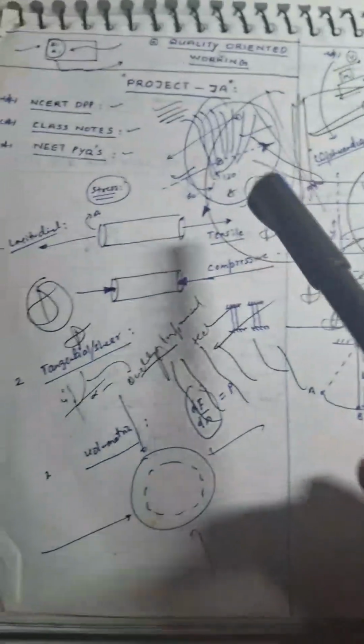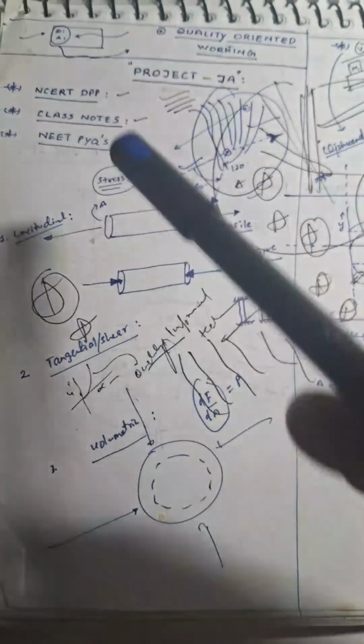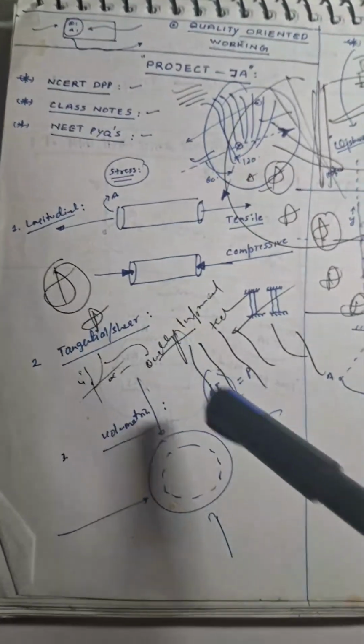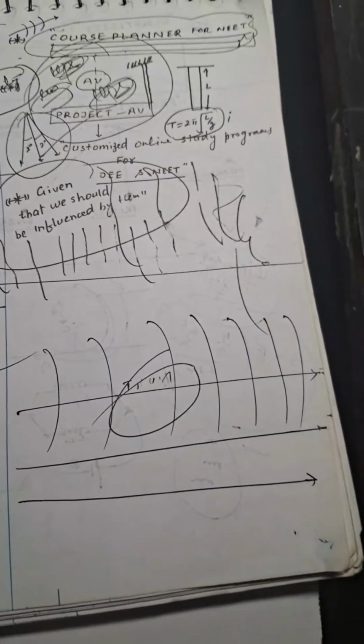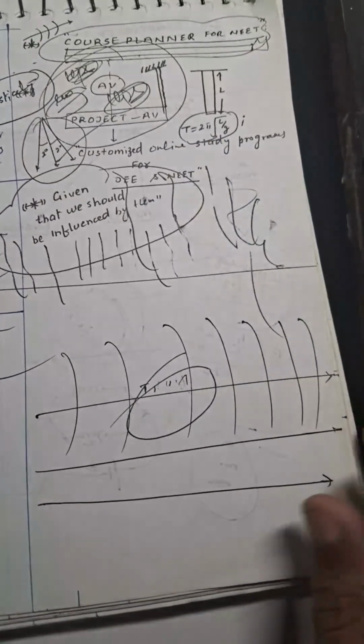Then there is quality oriented working, Project AV, concept of NCERT DPP class note, NEET PYQs, stress and strain, tensile and compressive, tensile or shear, volumetric, various questions based on them. Then there is a time period of a simple pendulum.